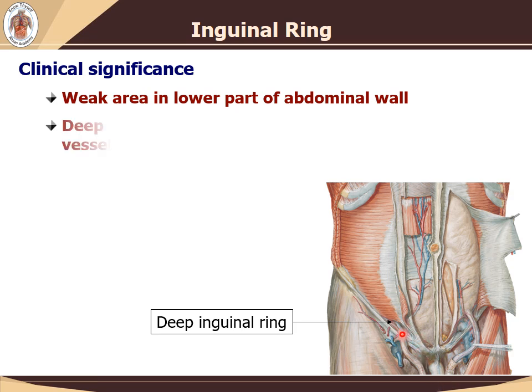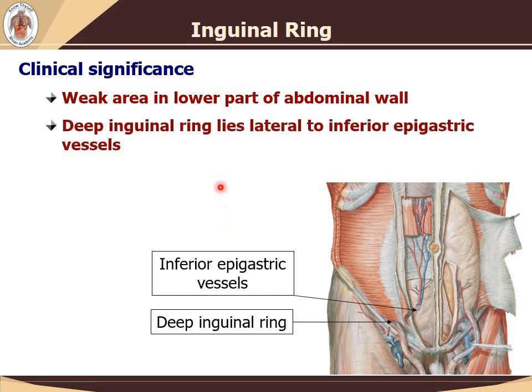This is the deep inguinal ring, and the deep inguinal ring lies lateral to the inferior epigastric vessels. That's a good clue for surgeons to identify the type of the disease, the type of the problem. So we should try to remember the position of the deep inguinal ring in relation to the inferior epigastric vessels. In a different way, we can say the ring is lateral to this, or the artery is medial to the ring.